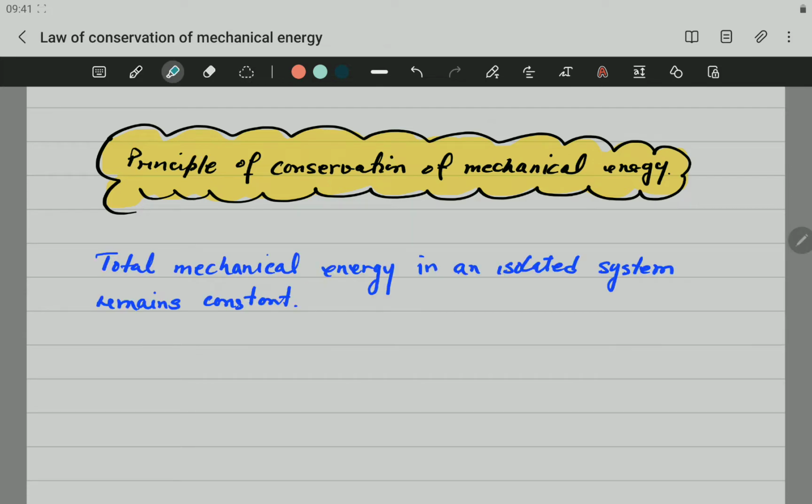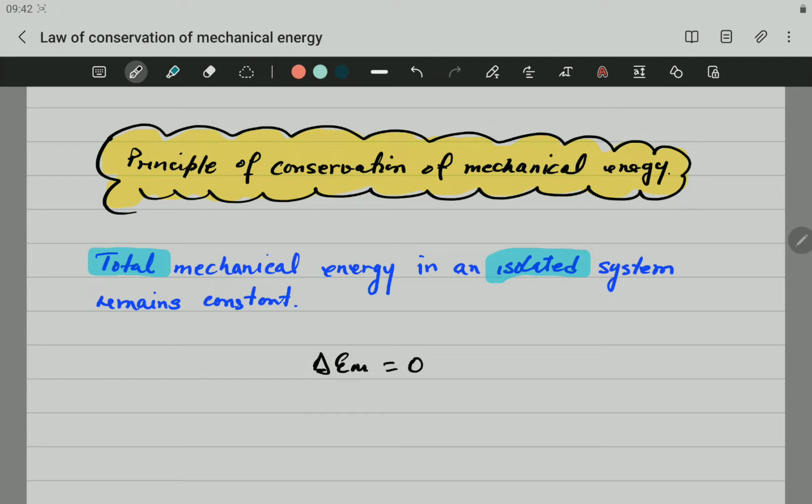Now, this principle states that the total mechanical energy, where total is important, in an isolated system remains constant. So what does it mean? It means that mechanical energy does not change. So the change of mechanical energy is equal to zero.